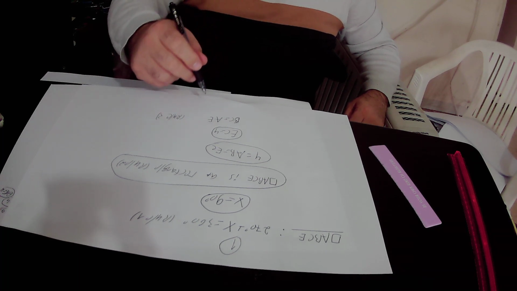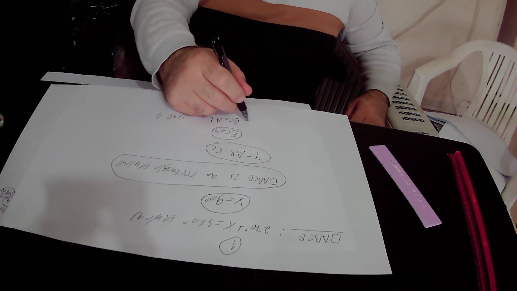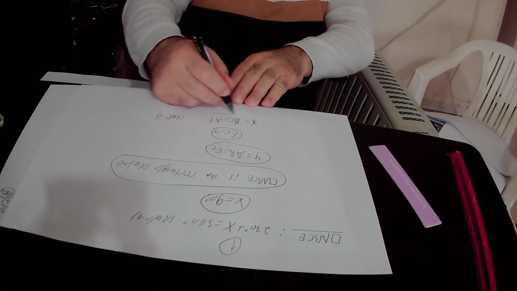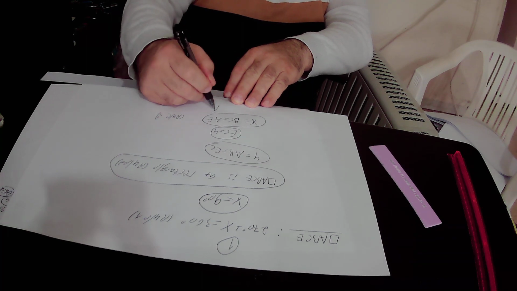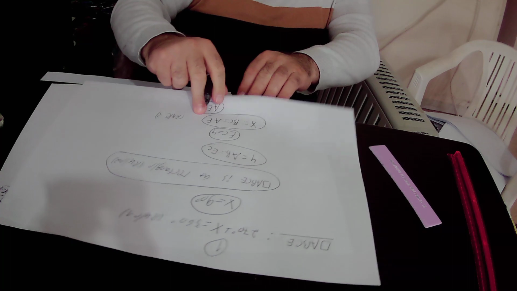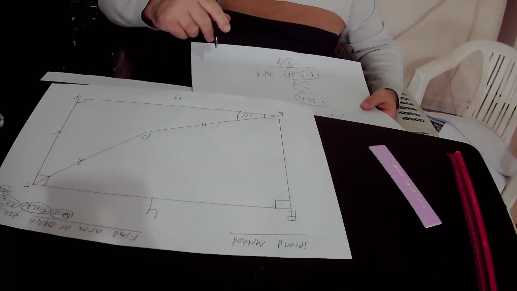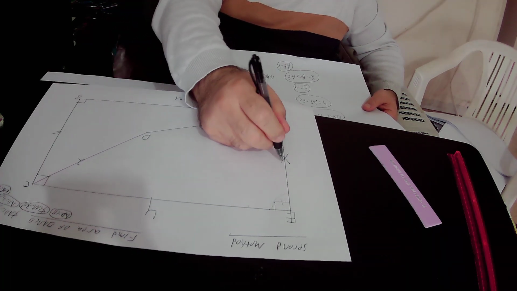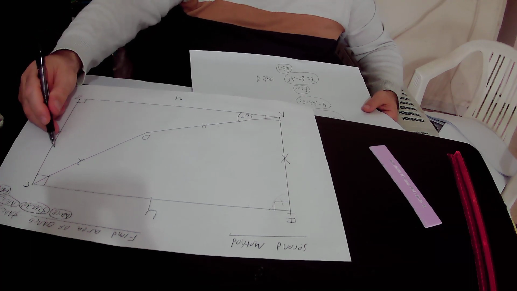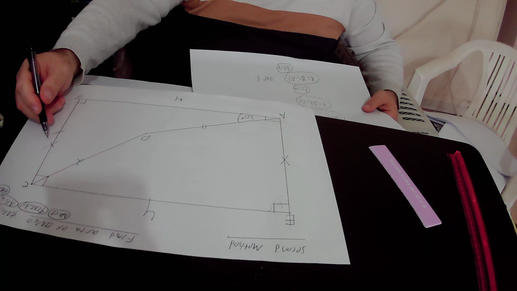And if we define BC as X, from this equation we will derive that AE also equals X. So we can write here that AE equals X and BC also equals X according to our definition.